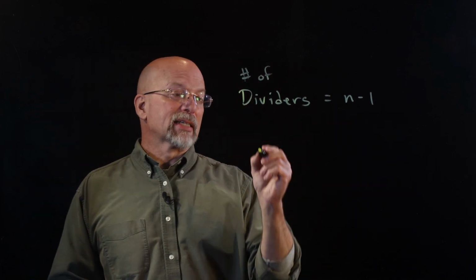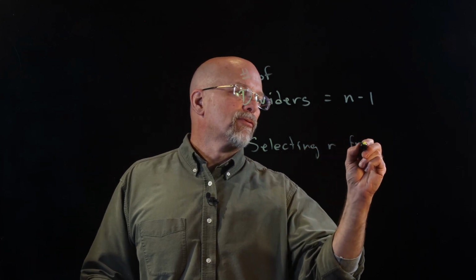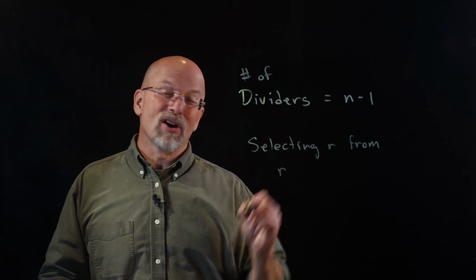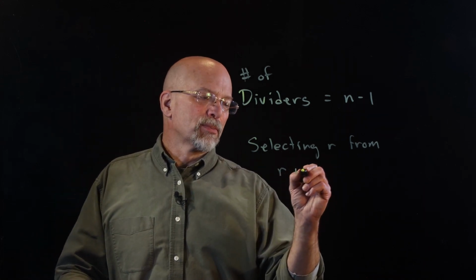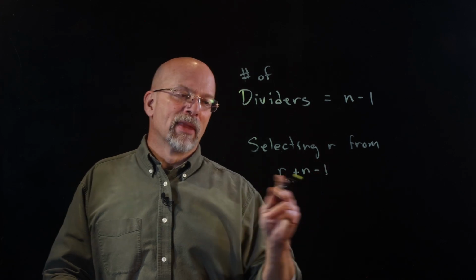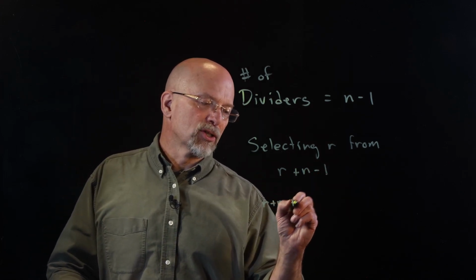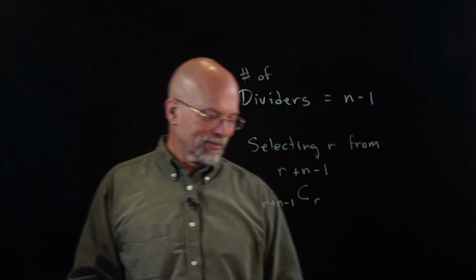So I am selecting R from, well, how many slots did I have? I had R slots, right? But I had to add the dividers too. So that's plus N minus 1. And the expression for this is just simply r plus n minus 1 combinations. We're going to select r.